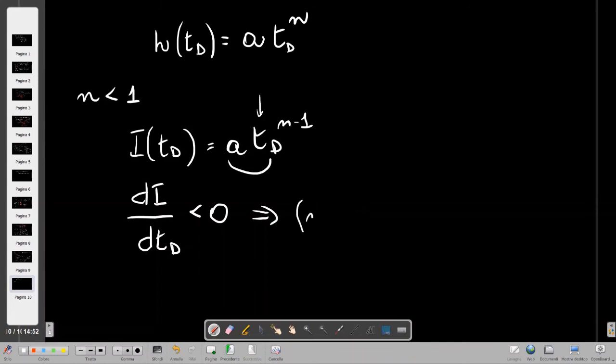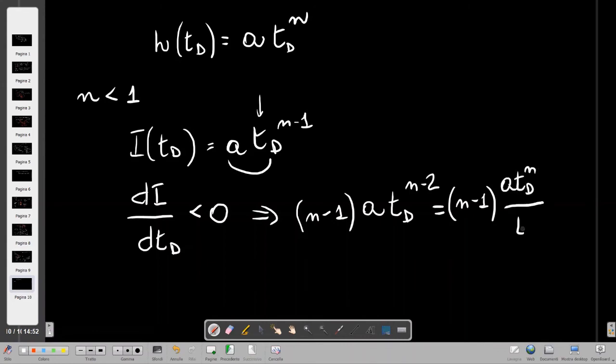So we have n minus 1, a is a parameter, td n minus 2, but this is equal to a td power n over td squared, that is equal to n minus 1 the rainfall depth over the duration squared.